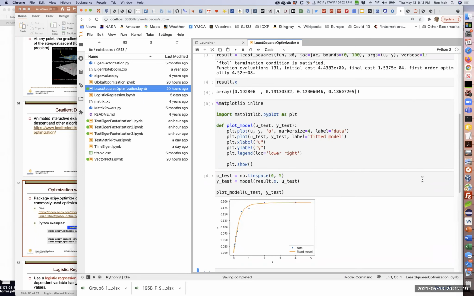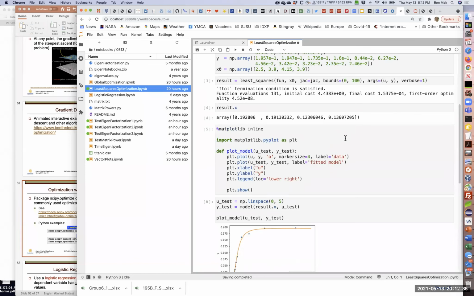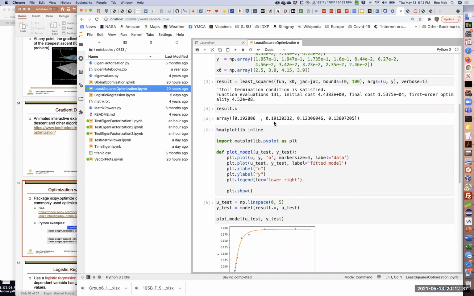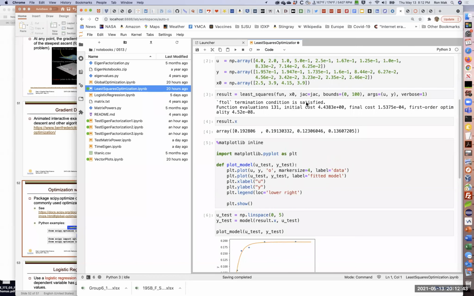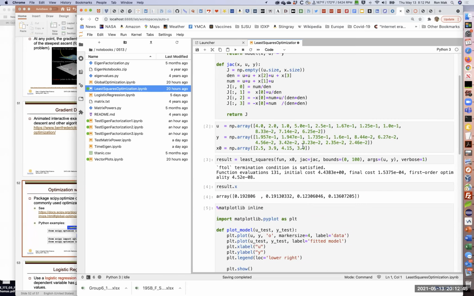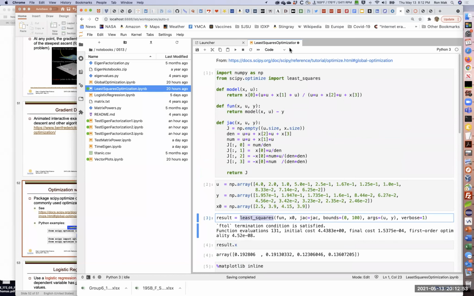Basically, this is using optimization to plot the least squares polynomial among these points here. The model here had to figure out the coefficients of the polynomial. So here is least squares. This is the optimization function coming out of scipy.optimize.